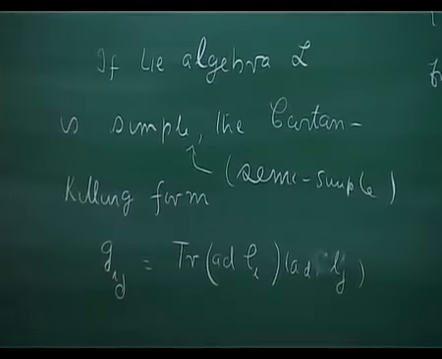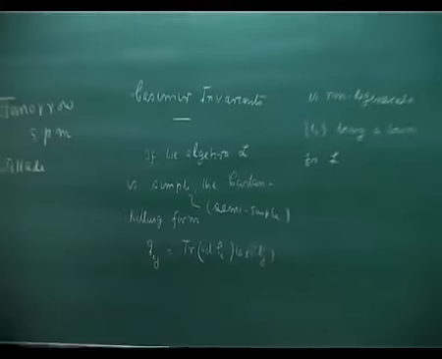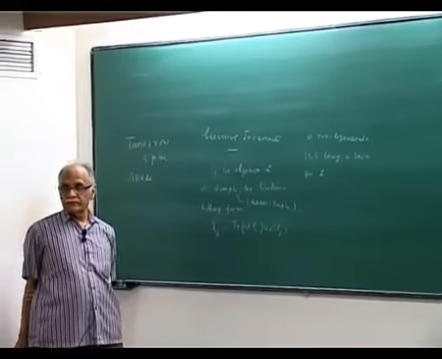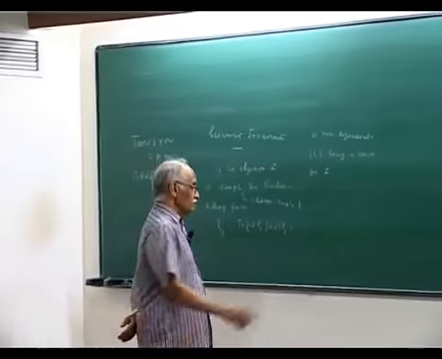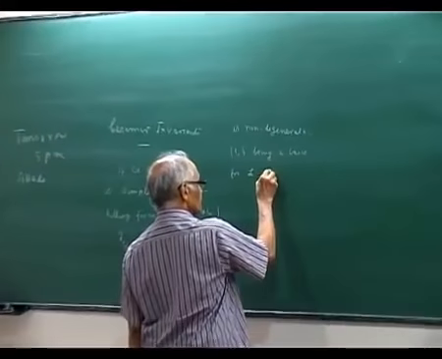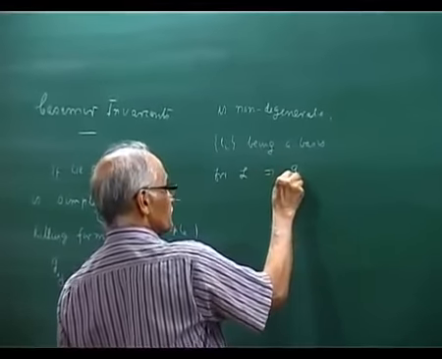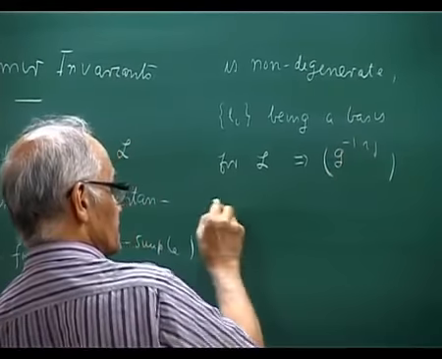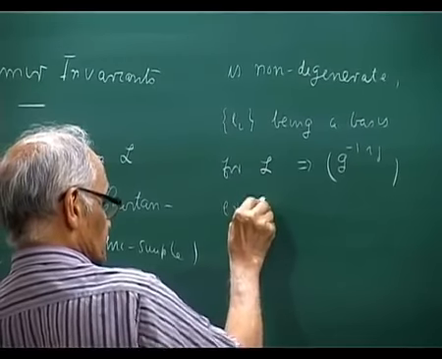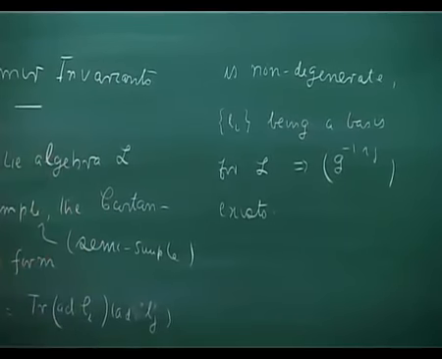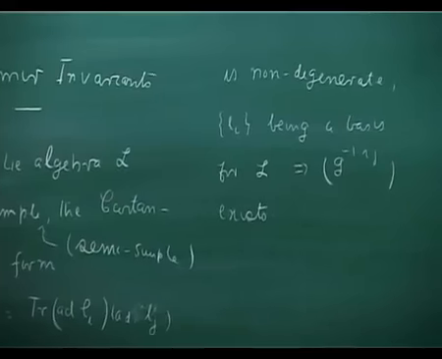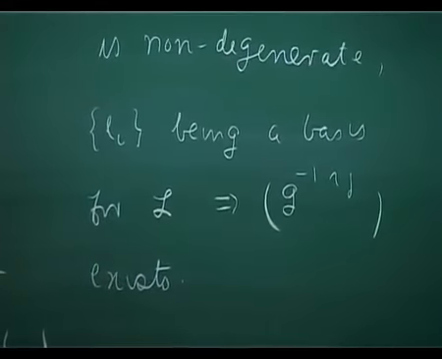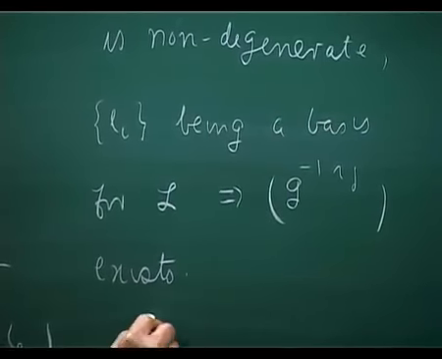So it is not a new result, it is really a basic result. From here, this implies g inverse exists, the inverse matrix exists.